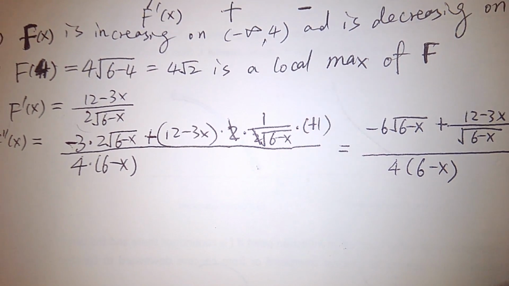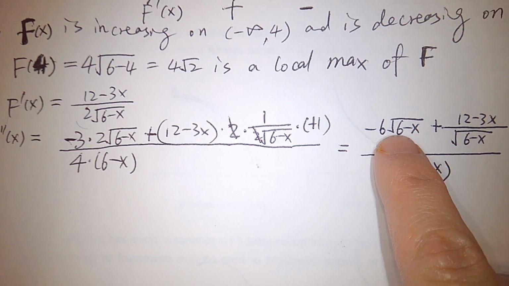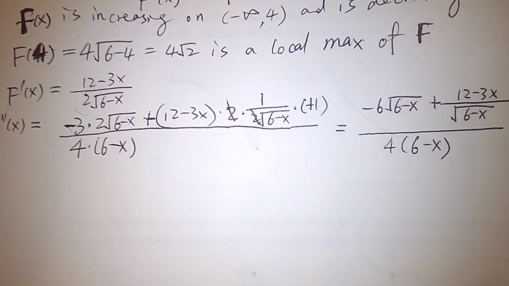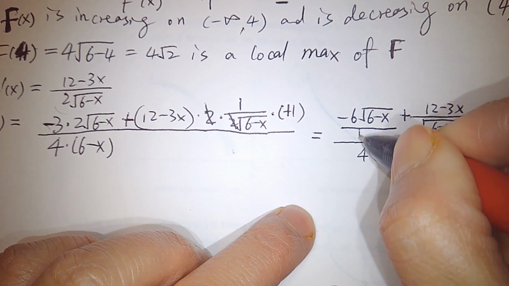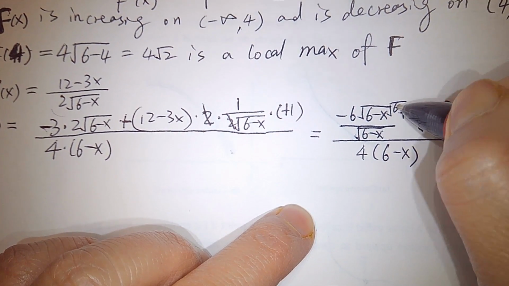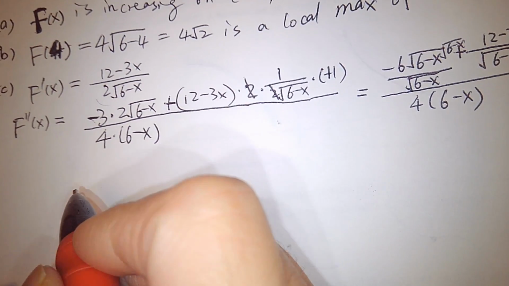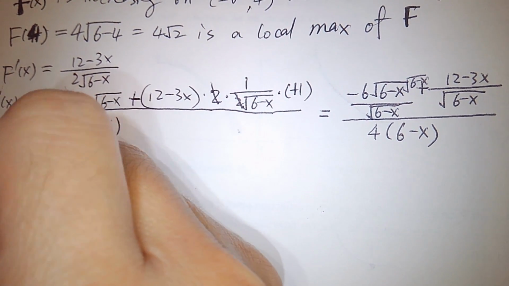However, we want to combine them, right? So how? We're going to multiply both top and bottom by 6 minus x. We'll write it here so you can see.